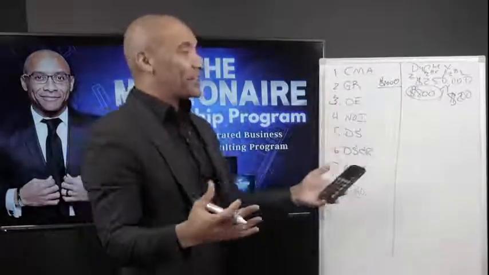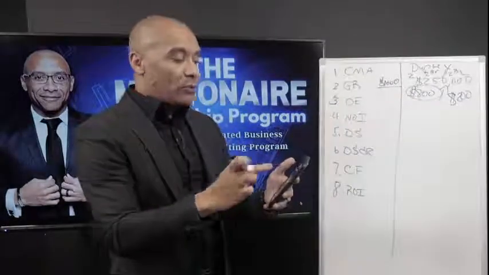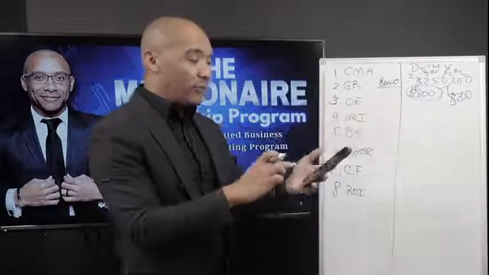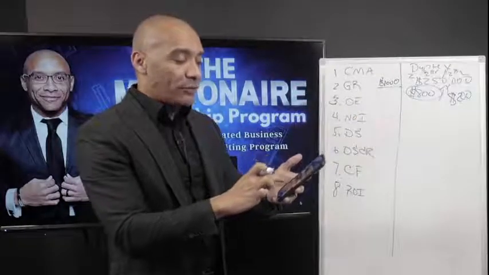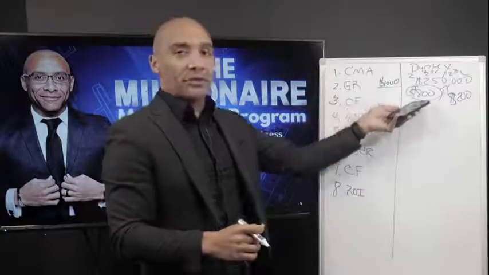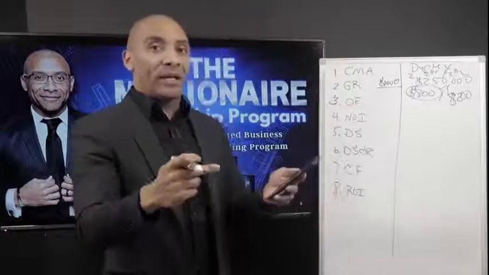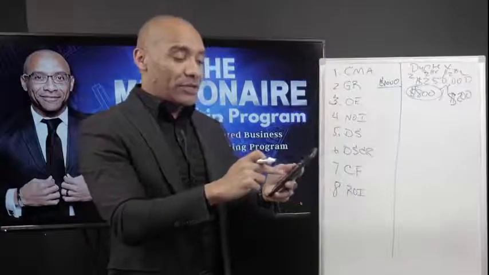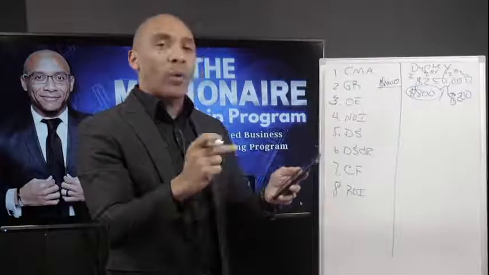But let's just say for this example that the rent is $800 a month. So you take the monthly rent for both of them. That would be $1,600 a month times 12. So you take the total rent, multiply it by 12, and what I would typically do is multiply that by 90%. Why am I doing that?